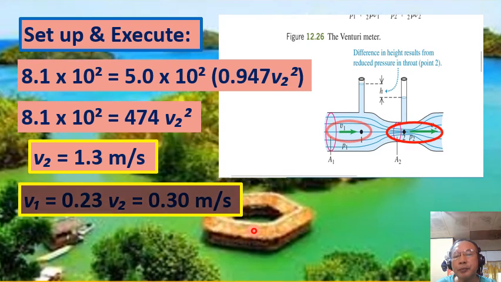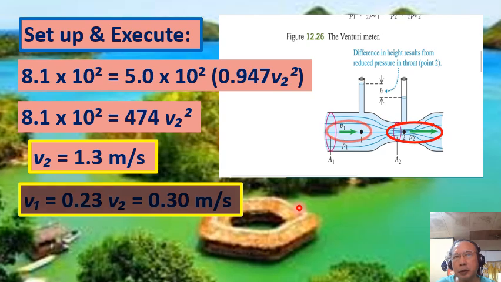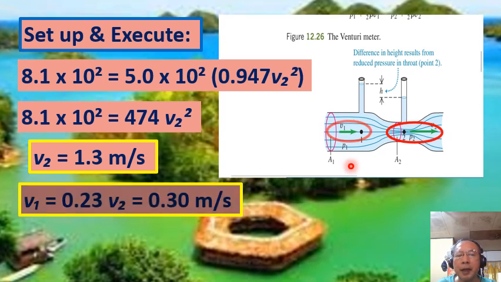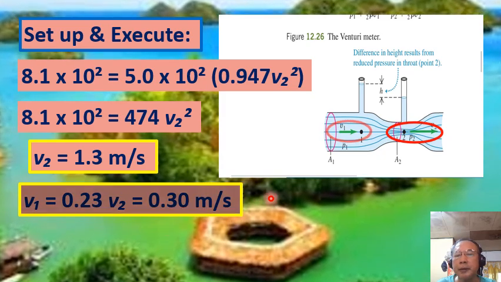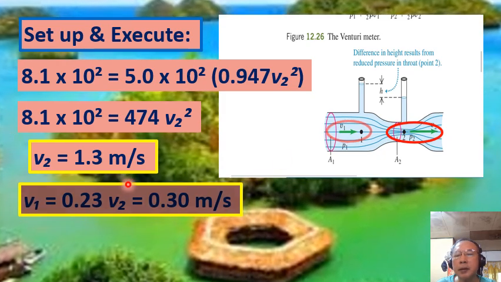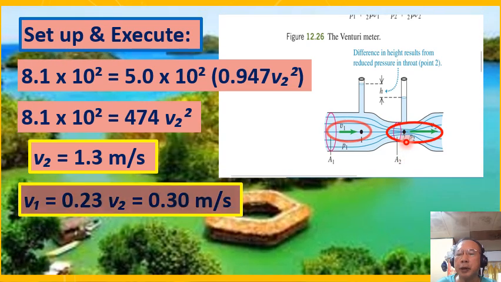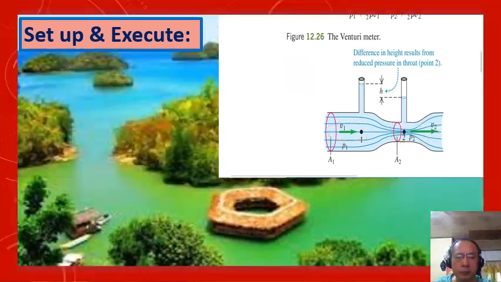So, according to the equation of continuity, V2, in fact, is greater than V1, because the area A2 is smaller than the area A1.